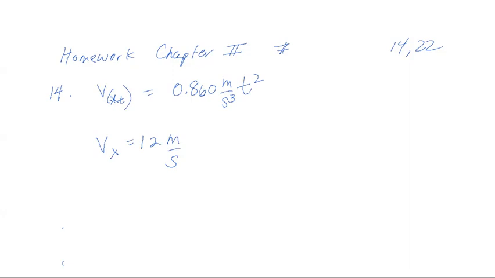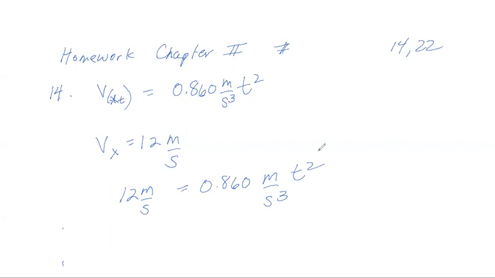So v sub x equals 12 meters per second. All right, the first thing we need to do is find t. So when 12 meters per second equals 0.860 meters per second cubed times t squared, I'm just going to solve for t here.